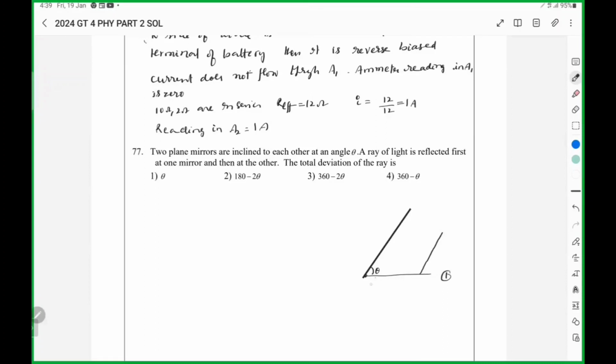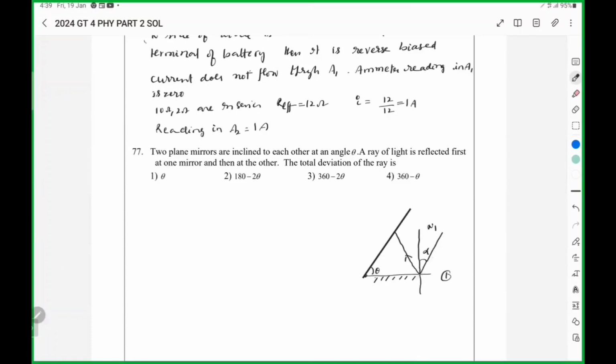So this is the first mirror. It gets reflected. And here is the normal to the first plane mirror. The incident angle is alpha. So it deviated like this.